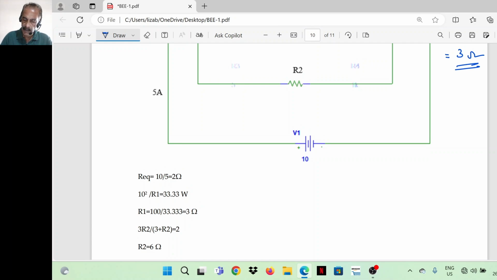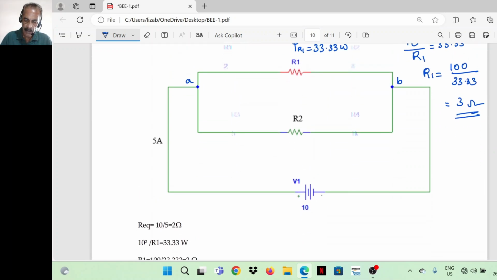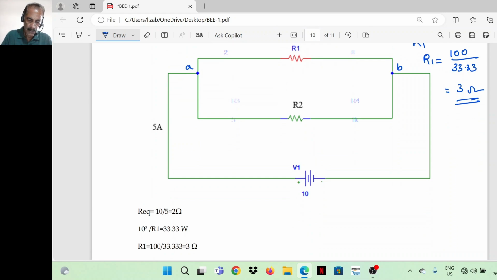Now we can equate the equivalent resistance of the parallel combination. The applied voltage is 10 volts, the total current taken is 5 ampere. So R equivalent is 10 volt divided by 5 ampere, which is equal to 2.